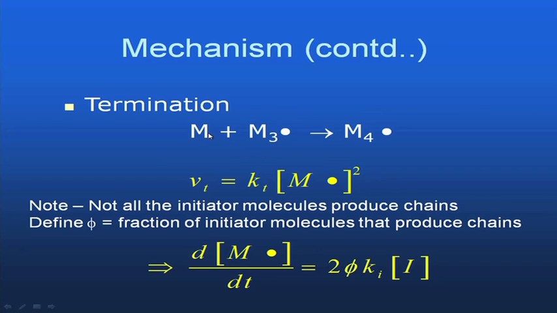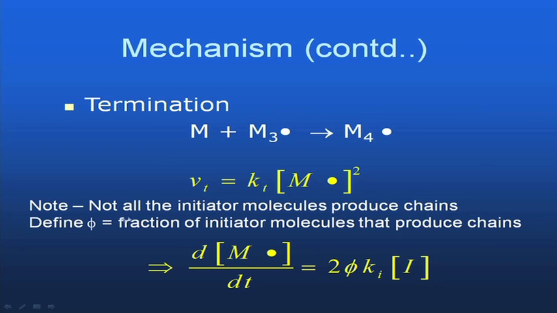Termination means two radicals must combine, so you may put a dot here and remove this dot, or maybe one M dot and another M dot producing M2, that may be another thing.